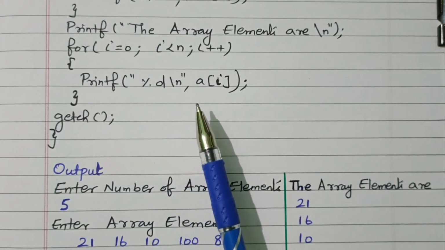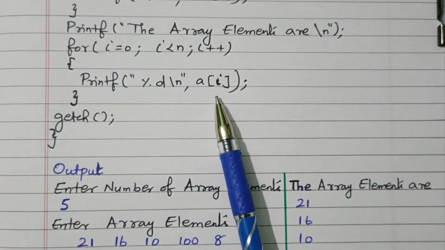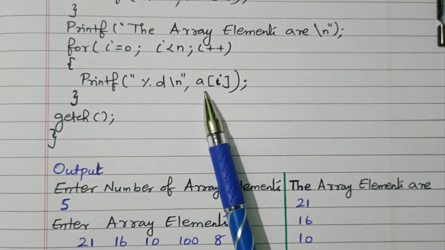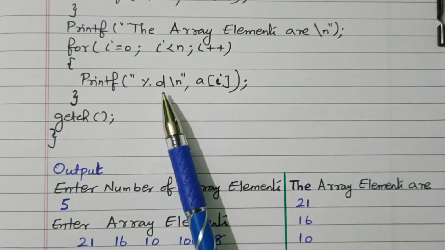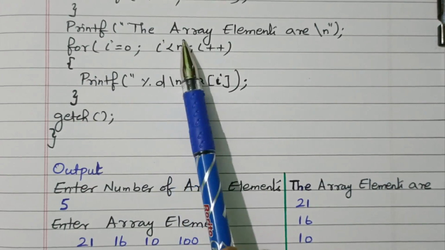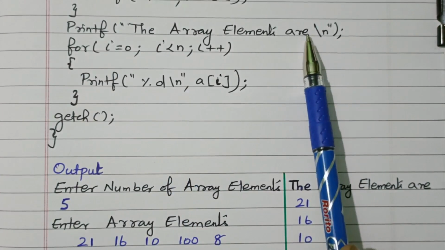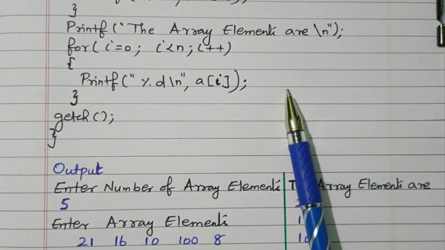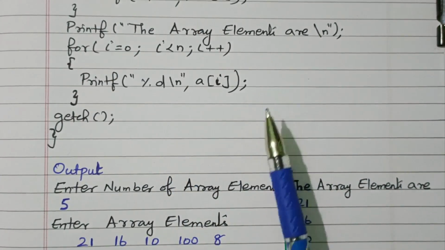It will display 5 data, a[0] to a[4], and after displaying each one it goes to the next line. So the data are printed one by one on new lines.